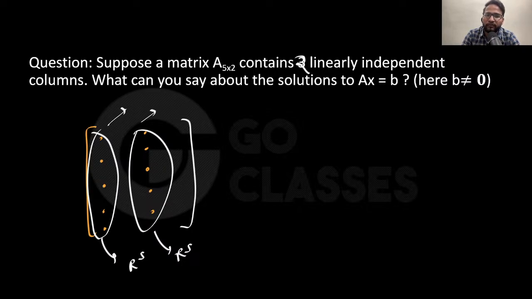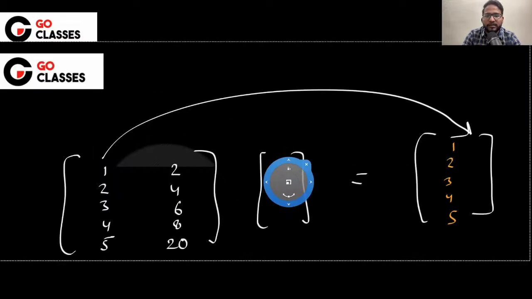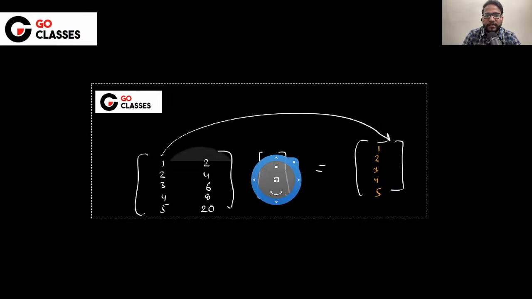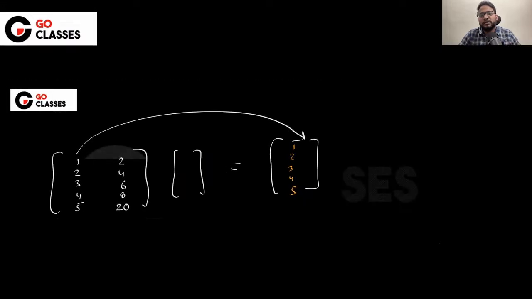Let me just put one example. Let me write one example here. Suppose this is the example that I have, where these are two linearly independent vectors in R5. Now suppose B is this.